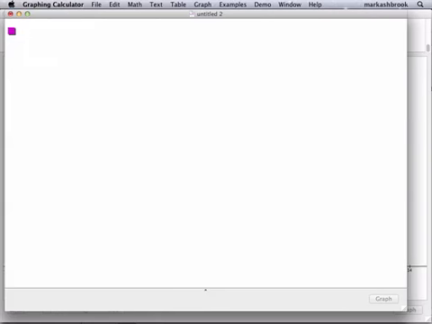So to define a function, you're going to pick your name. You can pick any name for your function. f is, as you know, the most popular. To define a function, you're going to hit Control 9, so Control left parenthesis instead of Shift. And it gives you a set of parentheses.